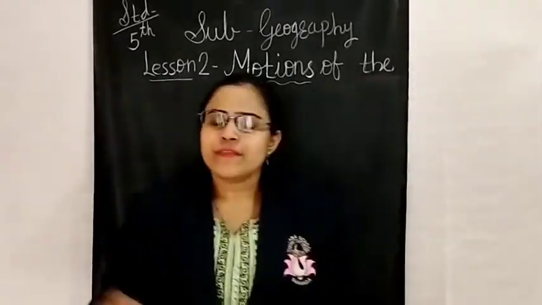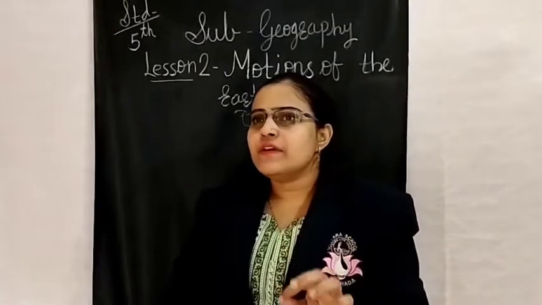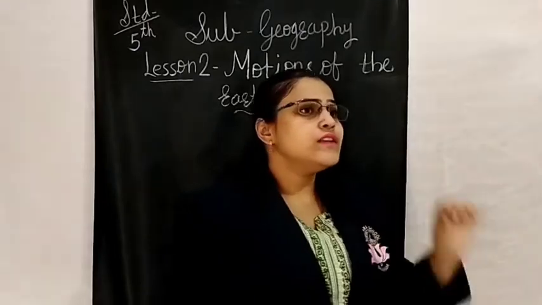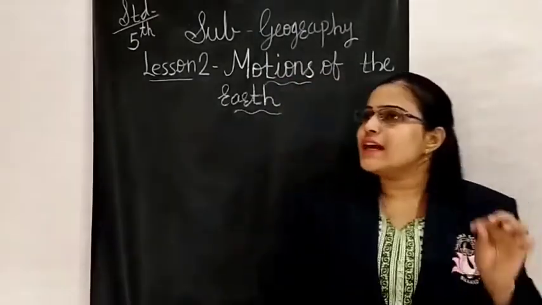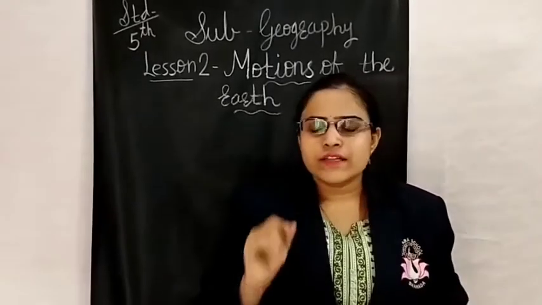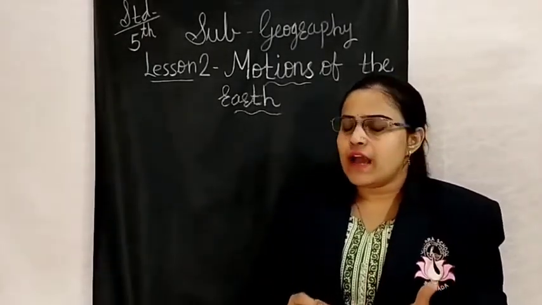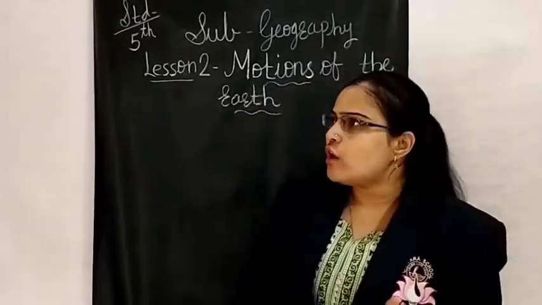Okay, this activity we have done. In this way, now we have to learn about sunrise and sunset. I told you to take the globe, but if you don't have one, you can take a ball also.